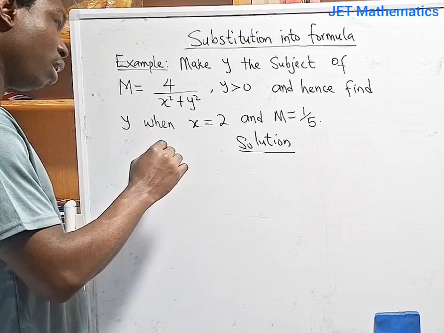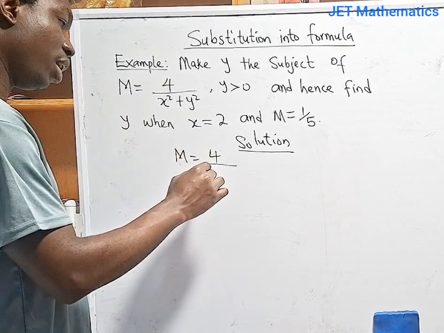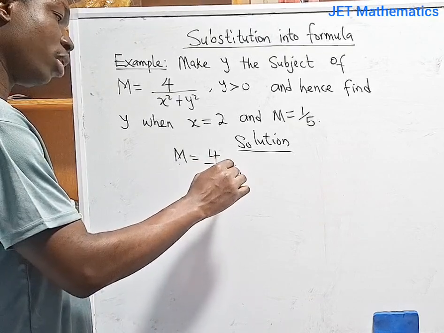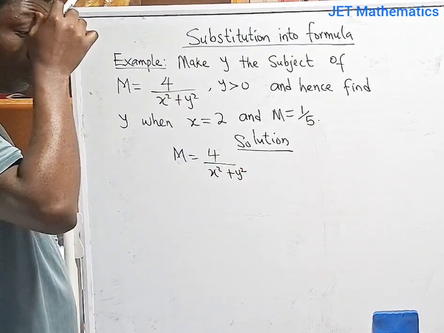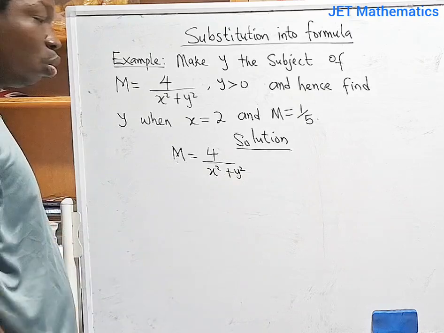So let's say we have m equals to 4 over s squared plus y squared. So what we need to do is we need to get y.